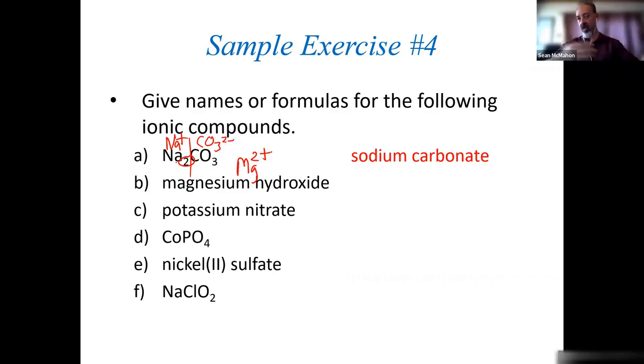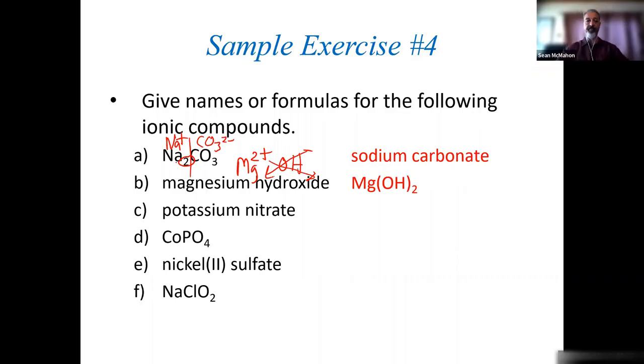Oh, that's one of the 4 that Professor McMahon said I should know. Here's my hydroxide. So I'm going to do a crisscross, but because I need two hydroxide groups, I cannot forget to put parentheses because I need two groups of OHs, not one, to cancel out that 2+ charge.